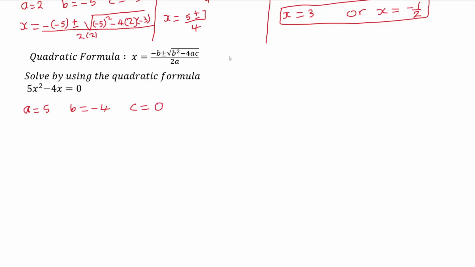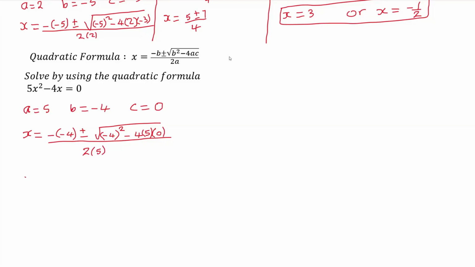All right, so now we just substitute it in the formula to say x is equal to minus b, double negative again, so a lot of double negatives, plus or minus the square root of minus 4 squared minus 4 times a, which is 5, times c, which is 0, all over 2 times a.